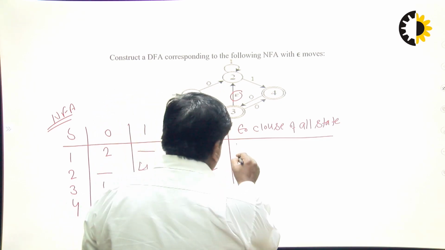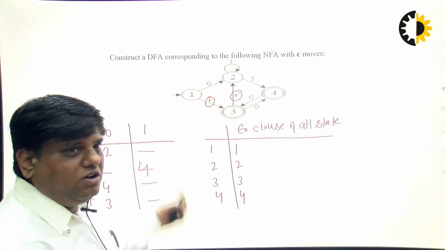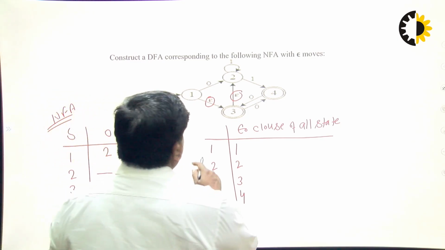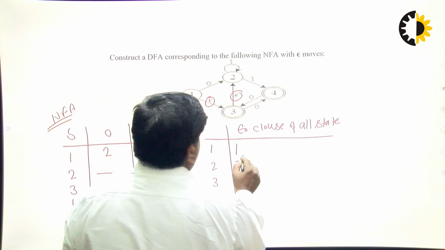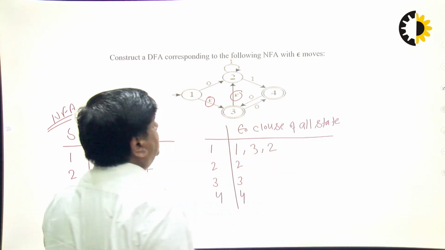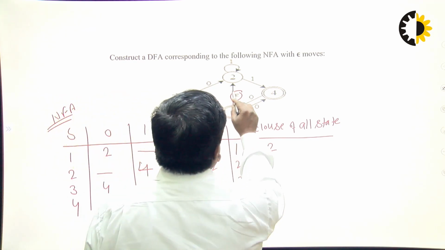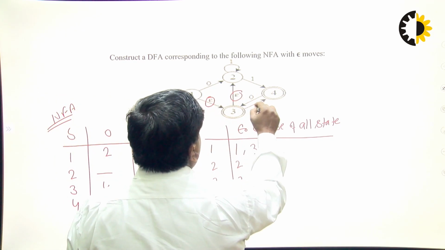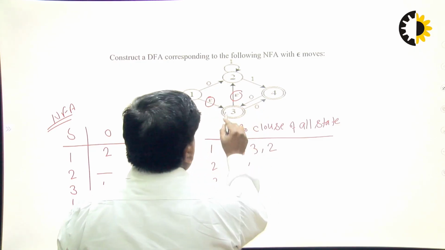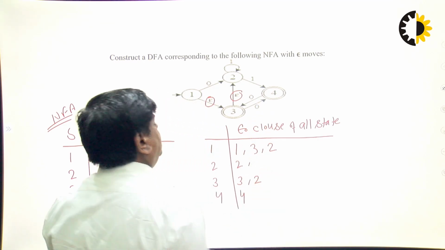So by default, 1, 2, 3 and 4 are in the epsilon closure of all states. Now, with epsilon, state 1 can move to state 3 and also to state 2. On state 2, with epsilon, no movement. With 3, we can move to state 2, and 4, no state movement.